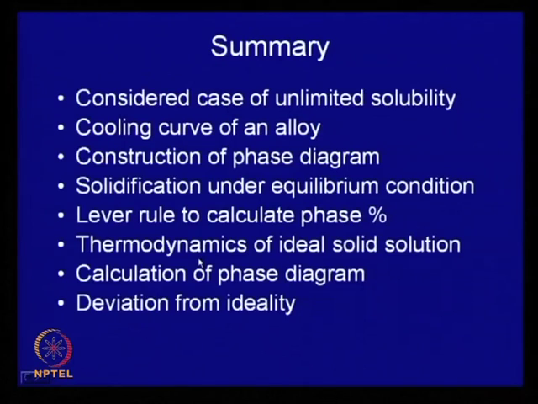We also looked at the thermodynamics of an ideal solid solution, and using the concept of chemical potential, it is possible to calculate the phase diagram from the thermodynamic properties of metals A and B. And we also talked about deviation from ideality. Next class we will talk about cases where there is partial solubility, where they are not miscible in all proportions, and what happens in such cases.